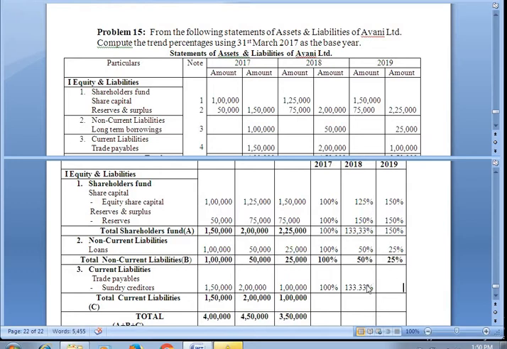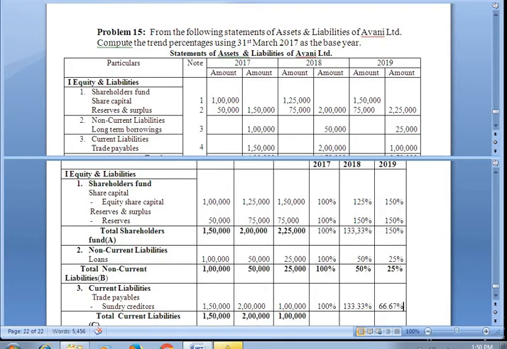Next one, 1 lakh divided by 1,50,000 into 100 is equal to 66.67%. Okay.